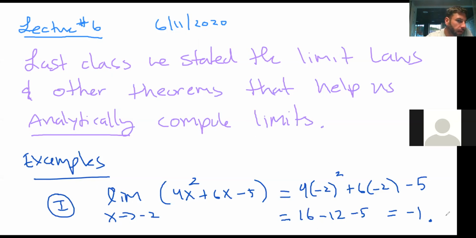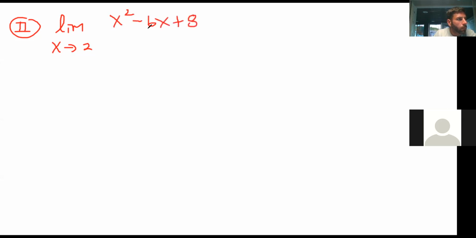So if I look at another example, suppose I have the following. This time, let's look at the limit as x goes to 2 of, say, this creature.